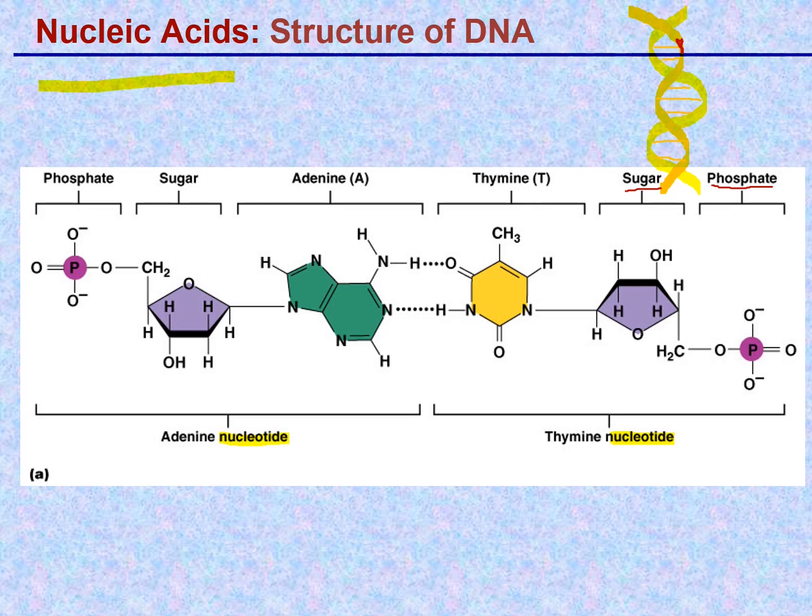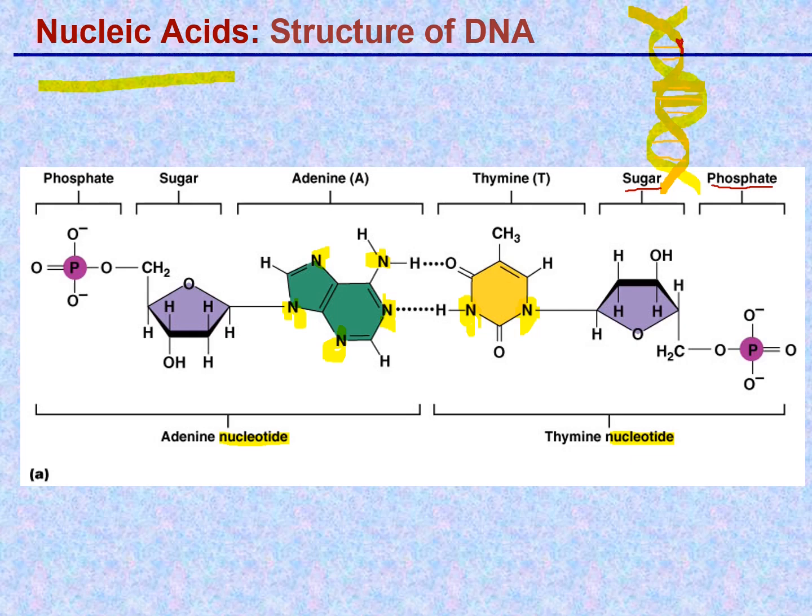And then the nitrogen, notice that this has nitrogen in it. These contain nitrogen here. These are nitrogen-containing bases, part of the nucleotide. So the nitrogen-containing bases would be located across here.